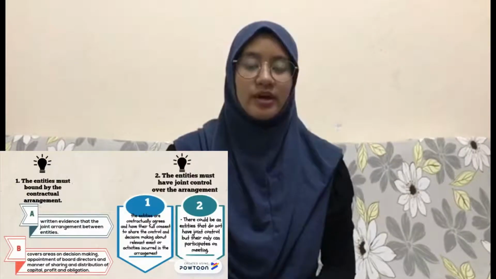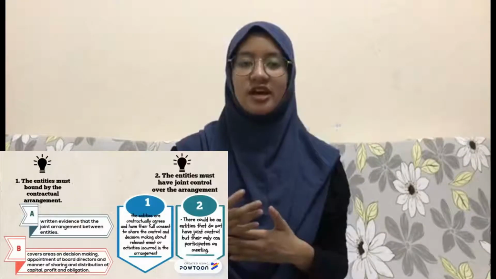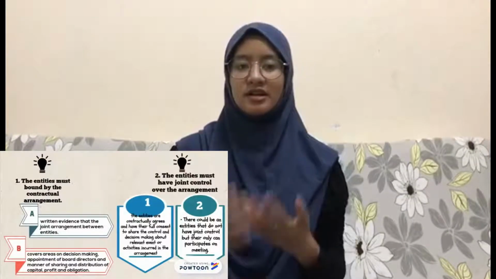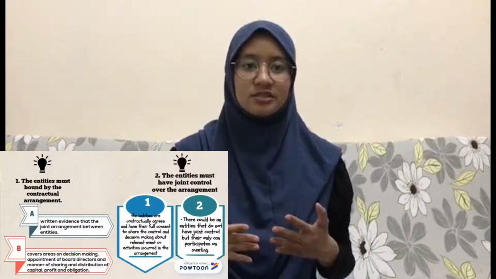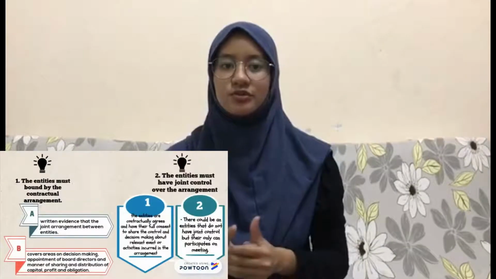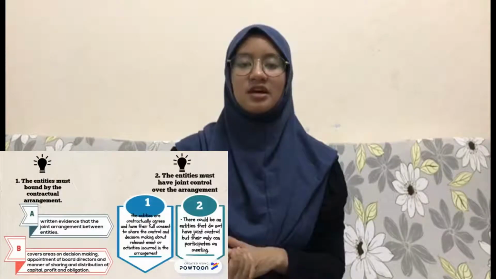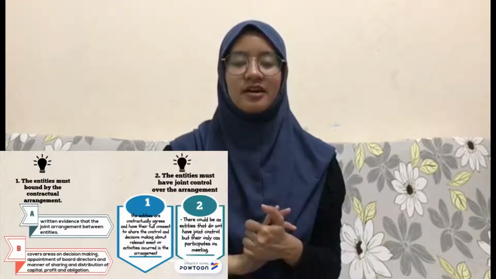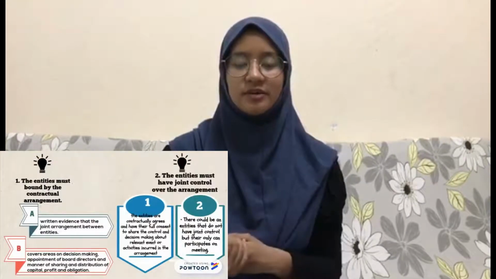Joint control is where the parties contractually agree to share control and decision making about relevant activities of the joint arrangement. Each of the parties must have a share in control and decision making of the arrangement.